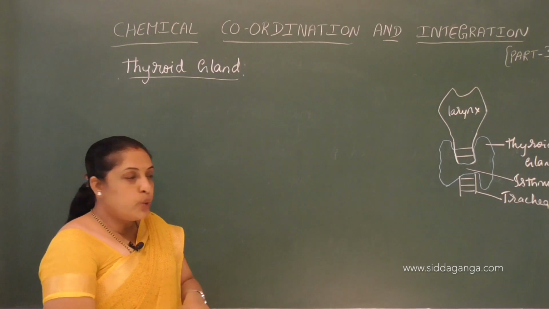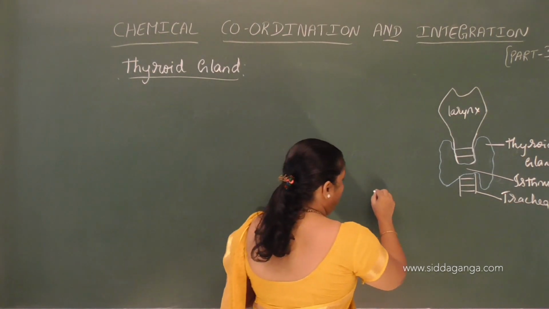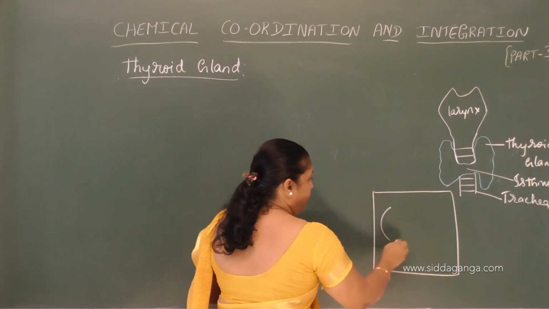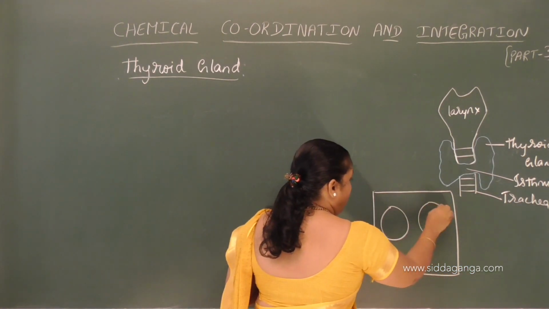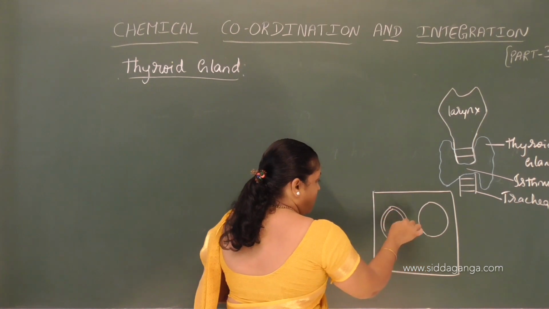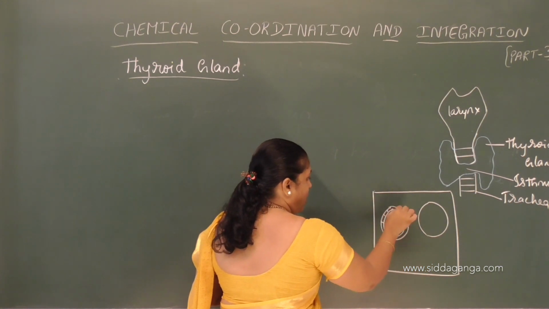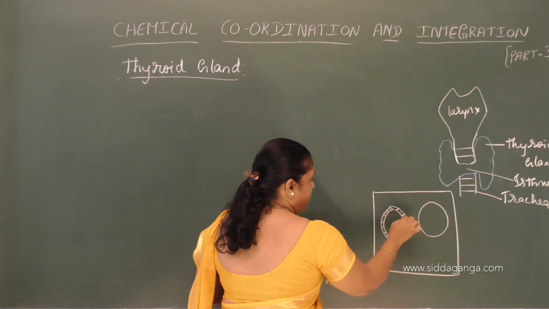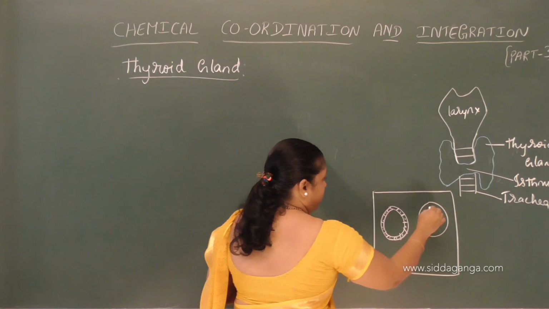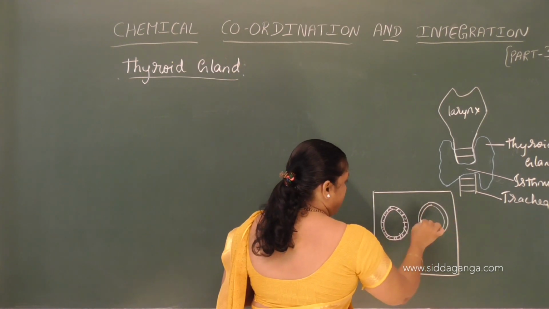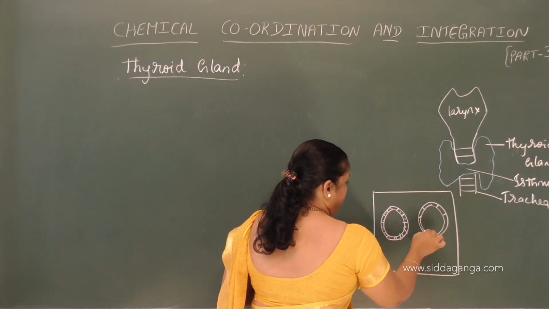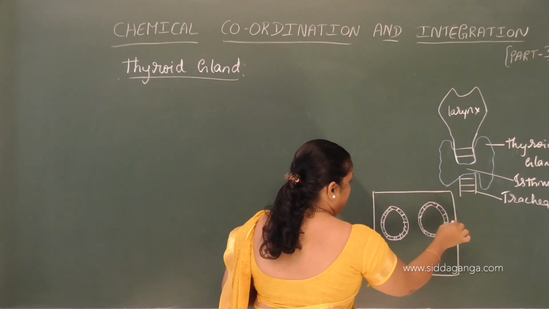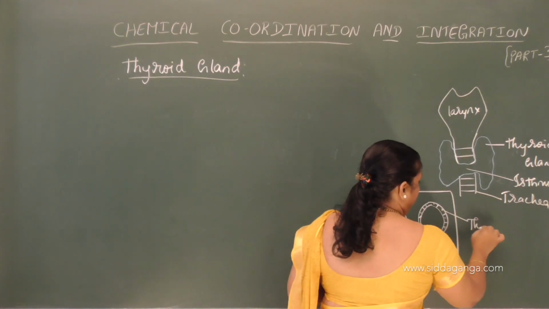When we take a transverse section of the thyroid gland, we see thyroid follicles. Circular ones, what I am drawing, these are thyroid follicles.